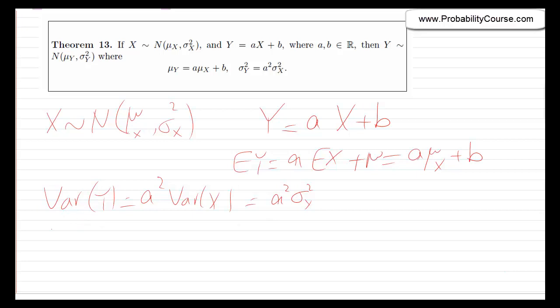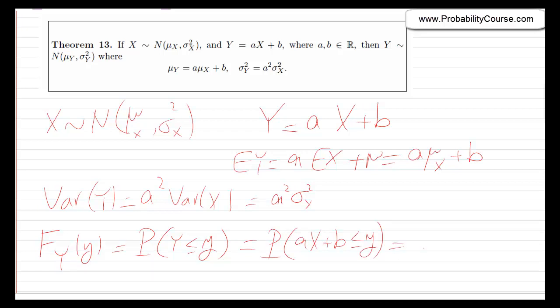One way is to write the CDF of y, which is the probability that y is less than or equal to y. By definition, this is the probability that ax plus b is less than or equal to y, and this becomes the probability that x is less than or equal to, well, let's assume a is positive, and then you can do the same for a negative. It's just the same idea.